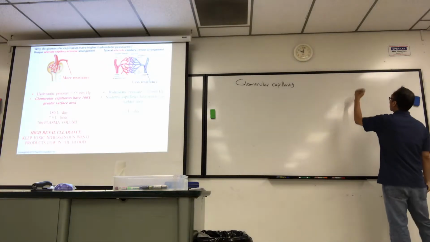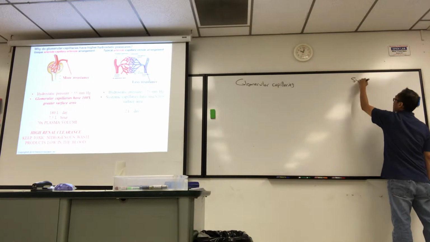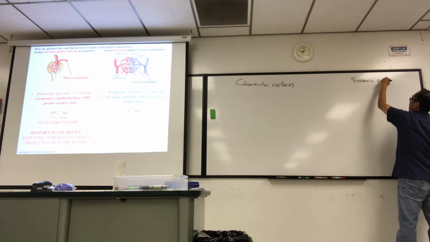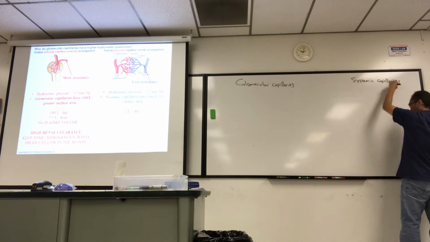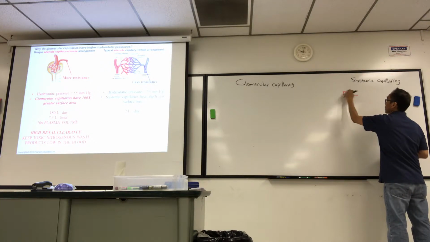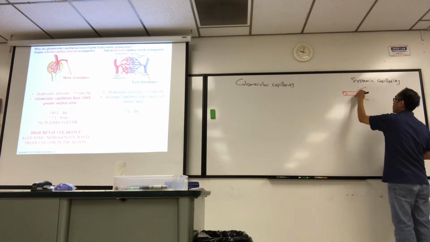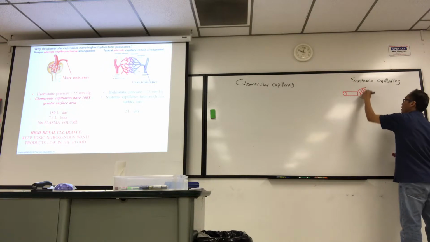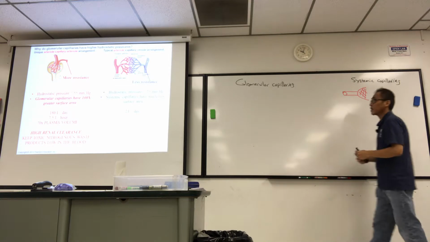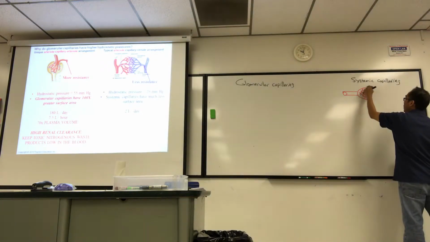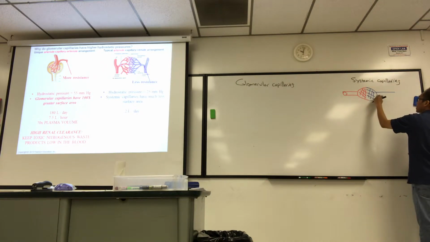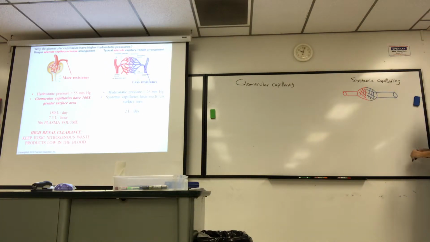Regular capillaries, systemic capillaries, where you had an artery followed by a capillary bed, followed by a venule or small vein that collects all that blood, the gas exchange. That's regular blood flow.